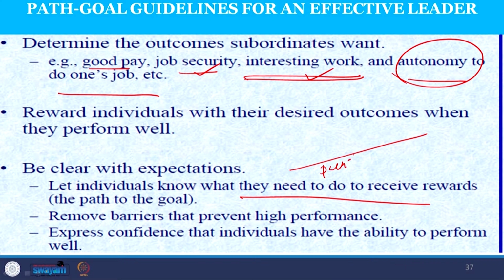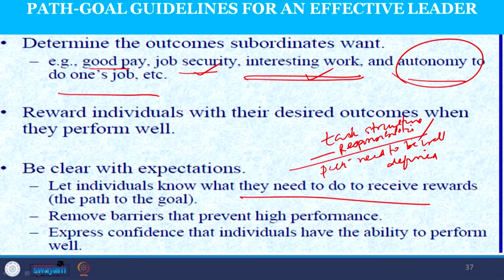So, the path needs to be well defined, the task structure and responsibilities need to be very clearly discussed with the subordinate, and what they need to do. They need to exercise these activities in order to receive rewards. The path to the goal should be very clear or distinct.